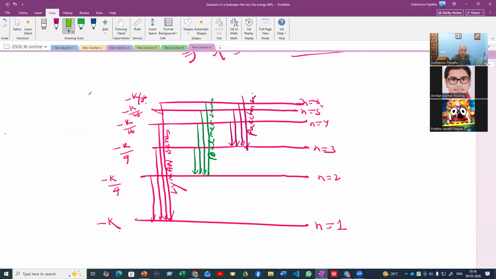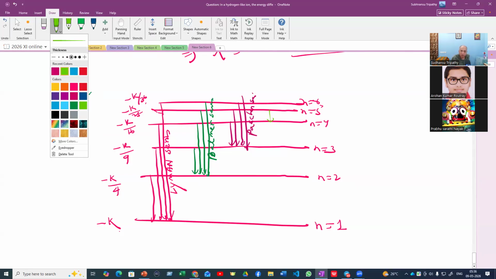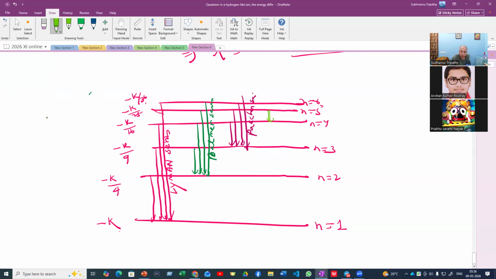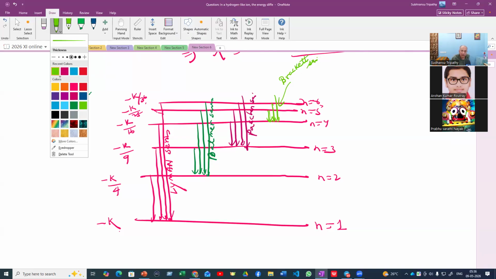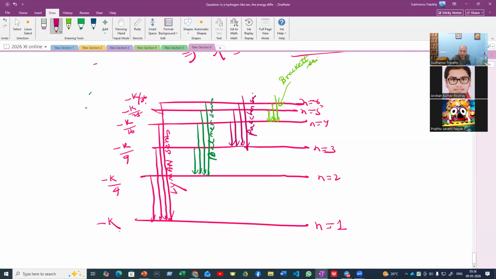Similarly, when you take the destination as 4, that is 5 to 4, 6 to 4, 7 to 4, this series is called the Brackett series. Similarly, when you make the destination shell as 5, that means 6 to 5, 7 to 5, 8 to 5.